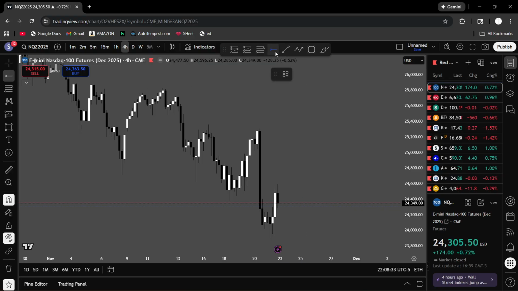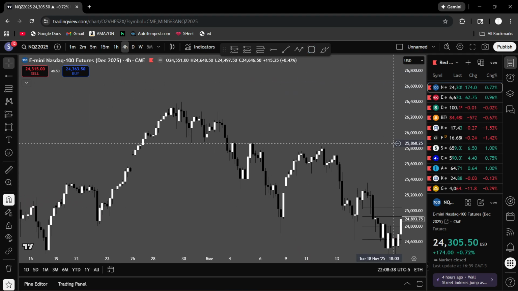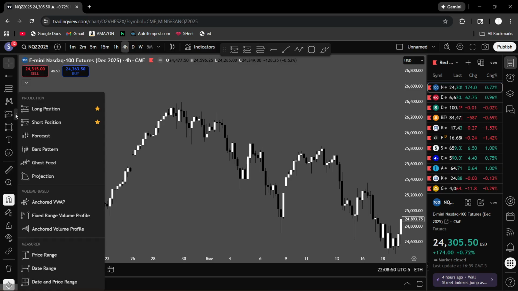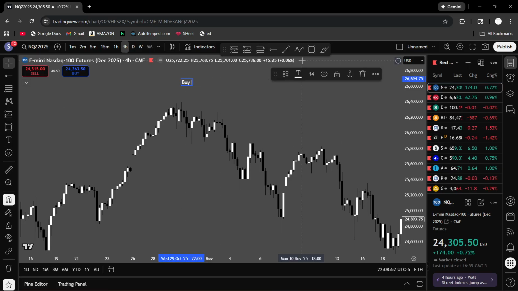So we have liquidity, and this can have very different names, and I'll just type them out. We can have something called buy stops, sell stops, sell side liquidity, buy side liquidity, internal range liquidity.